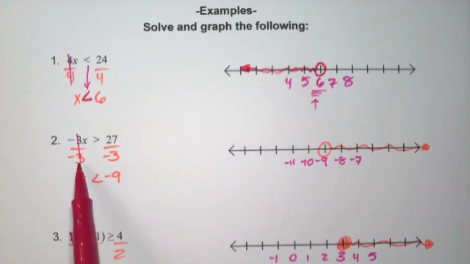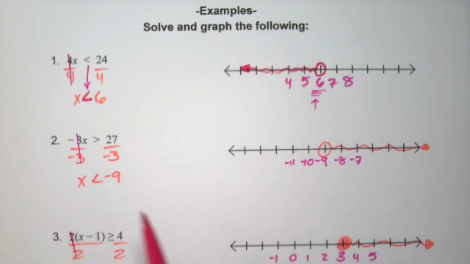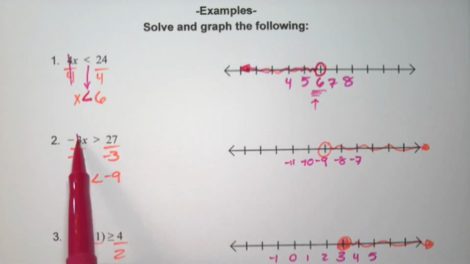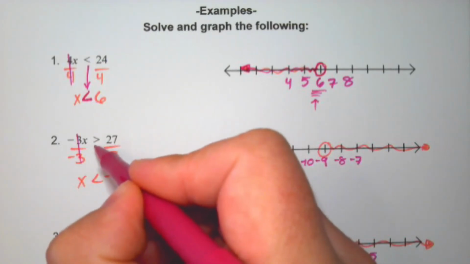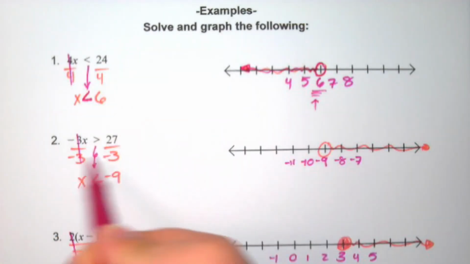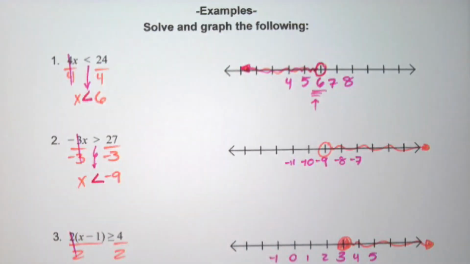Now we've got example 2. We're on example 2. We might have an error over here, huh? Because we divided by a negative. And although we divided by a negative, so we did switch that inequality, we didn't graph it appropriately.